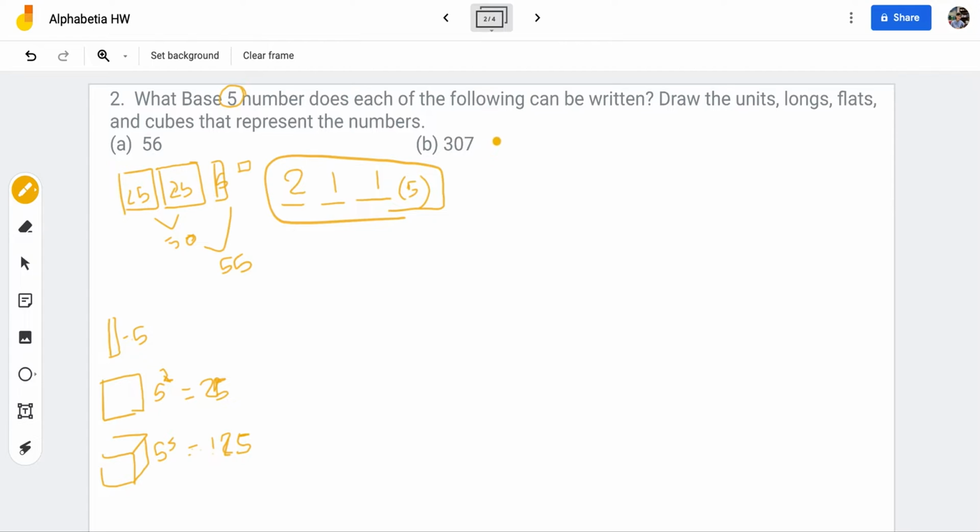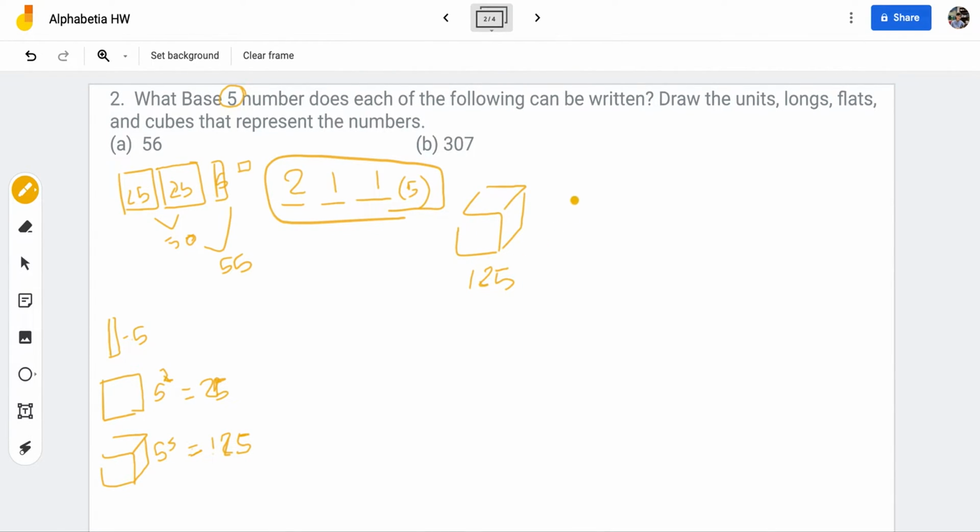How about 307? 307, we can do the same thing, right? So 5 cube is 125, and 307 is much more than 125. So you can use all of that, but we need to consider how many cubes we can have. So if you have 1 cube, you can have 125.